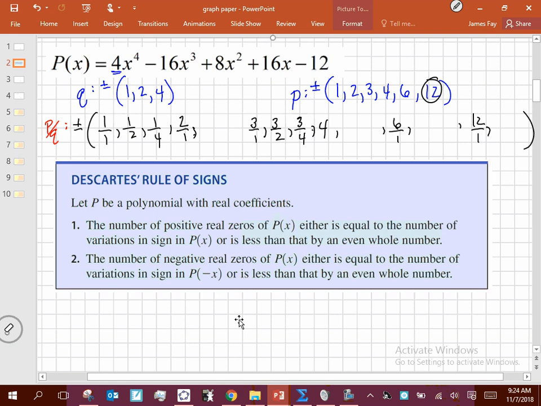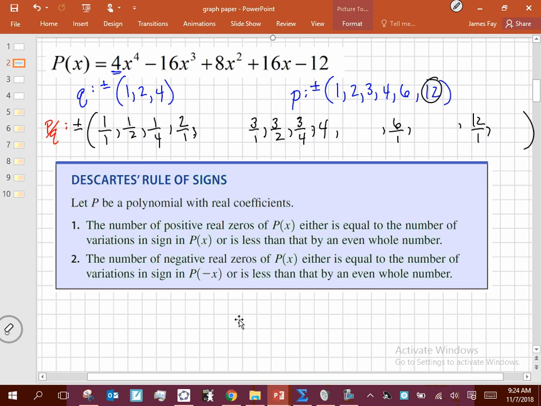All right, so Descartes, René Descartes, French mathematician, you should have some familiarity with him. He's the guy that developed the Cartesian plane, the XY axis, okay? Very interested in polynomials, okay? So he discovered that when we're looking at our polynomial, when we look at what we call variation of sign, which is the plus or minus aspects of each term, right?